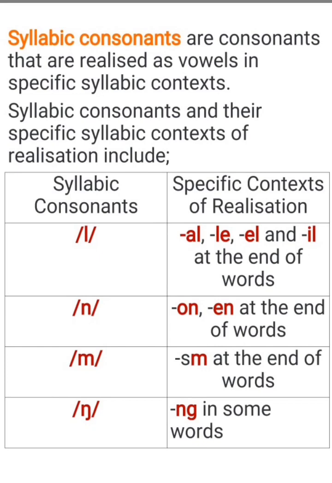Then the last one is NG. So we have it in some words, please, not all words, whether at the end or in the middle. For example, "song". If you check "song", there is "so", then the NG will be realized as this "ng" sound. Or it's also in "sing".